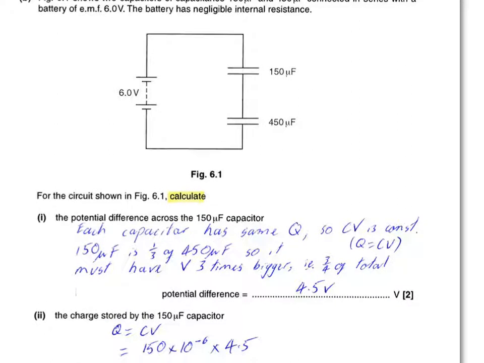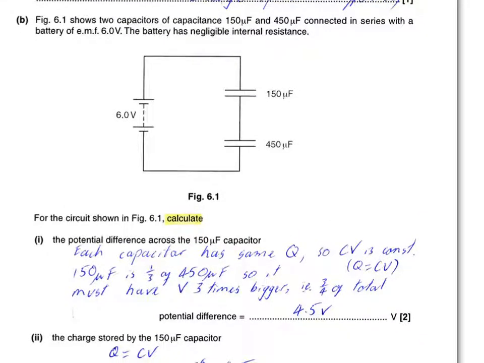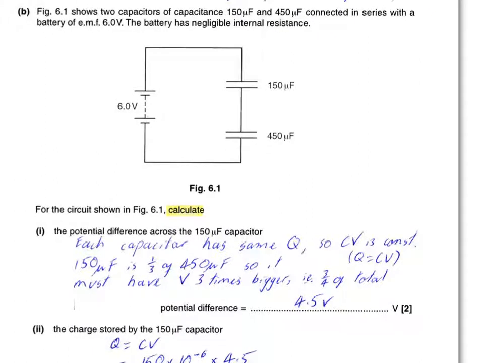So, we're asked to calculate the potential difference across the 150 microfarad capacitor. Now, we've got the two capacitors in series. What that means is that the total charge on the capacitors overall must be the same as the charge on each capacitor.